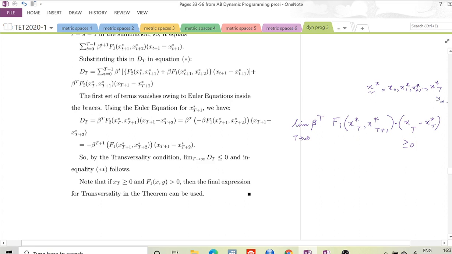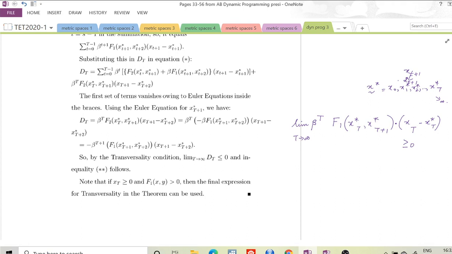So one way to improve is to see whether you can do something locally at, let's say, some xt plus 1. Is there some local xt plus 1 where if you deviate from x star t plus 1 you can get some higher utility? And you see that those are precisely the things that the choice of x star t plus 1 doesn't allow you to do, because those are chosen using the Euler equations.